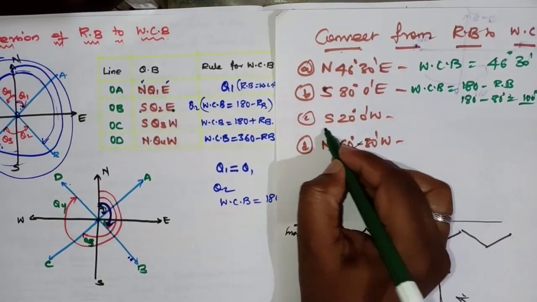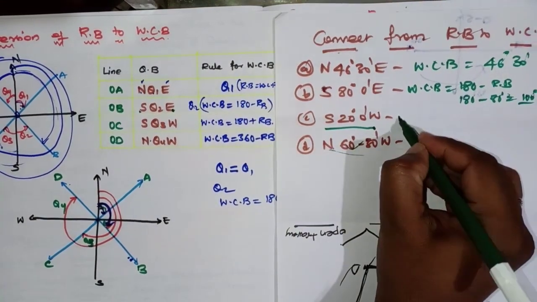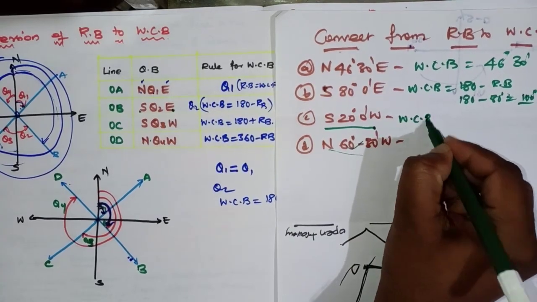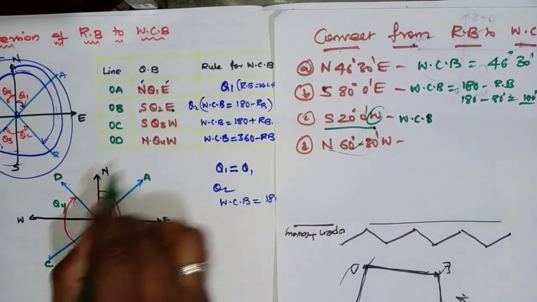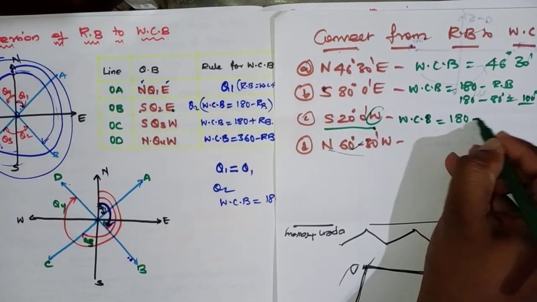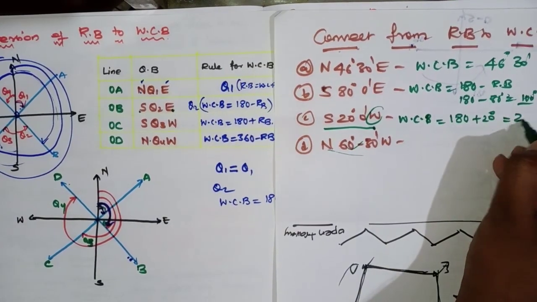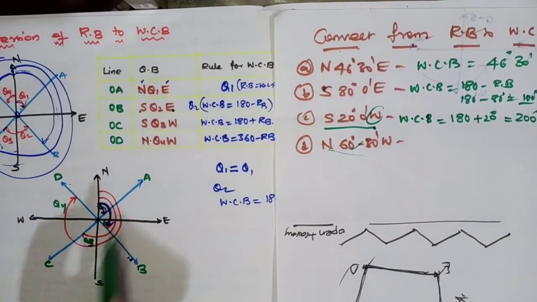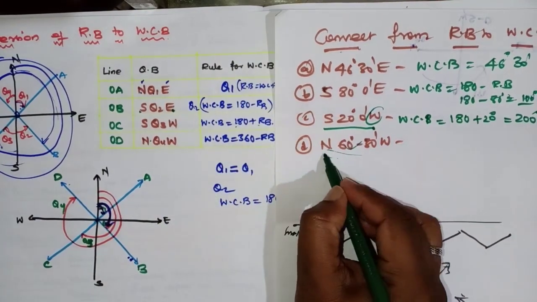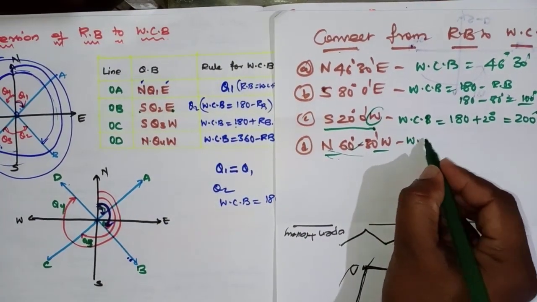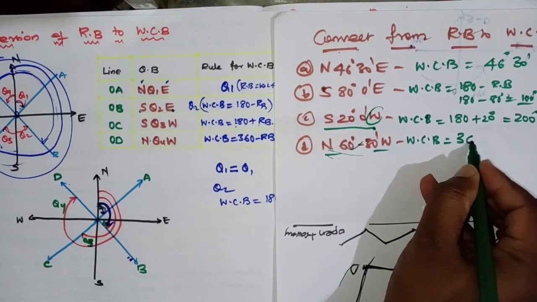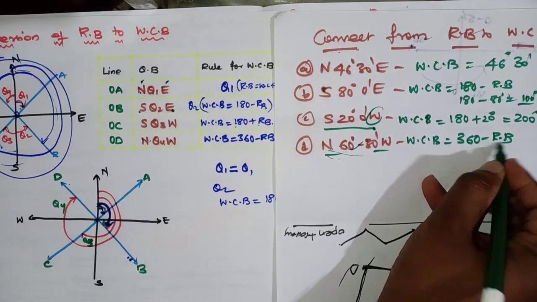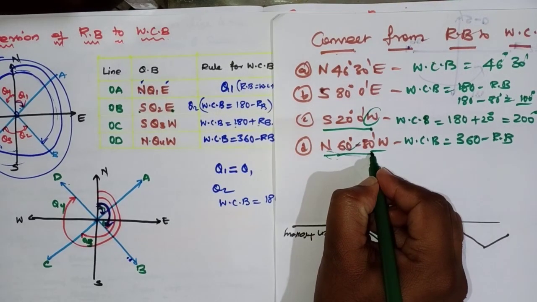Okay, next south west 20 degrees, WCB equals, since it is in the west, 180 plus 20, around 200 degrees. Okay, see, 180 plus RB. Next northwest, so WCB equals 360 minus RB. Now what is the RB value? 60 degrees 30 minutes.